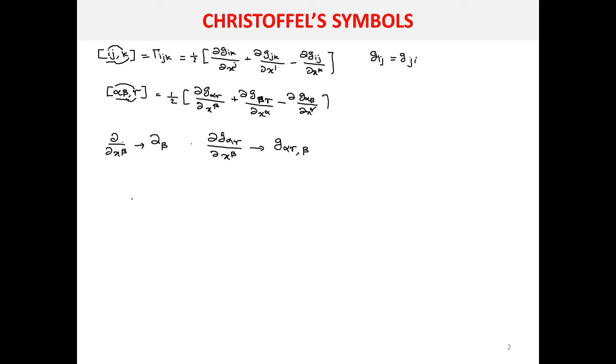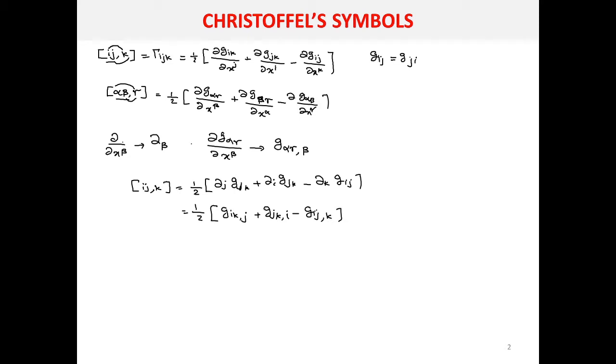So this expression can be written as [ij,k] equal to half times dou j g ik plus dou i g jk minus dou k g ij, or it can be written as half times g ik comma j plus g jk comma i minus g ij comma k.